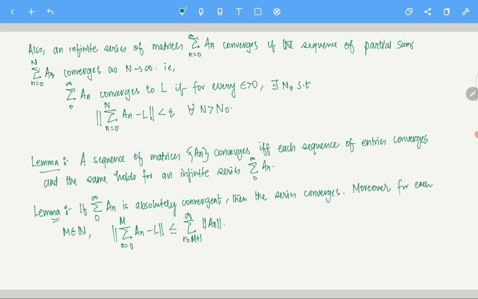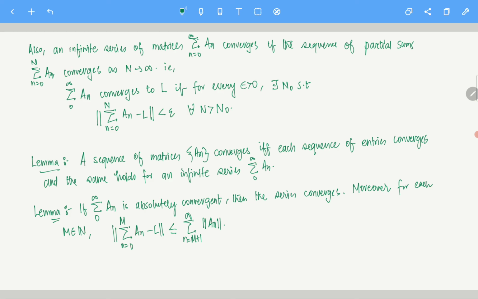Clear? So that is always true. This is essentially nothing but the triangle inequality, but here things are a little tricky because you have to deal with the infinite sum and handle the limiting argument. That's the only difference.